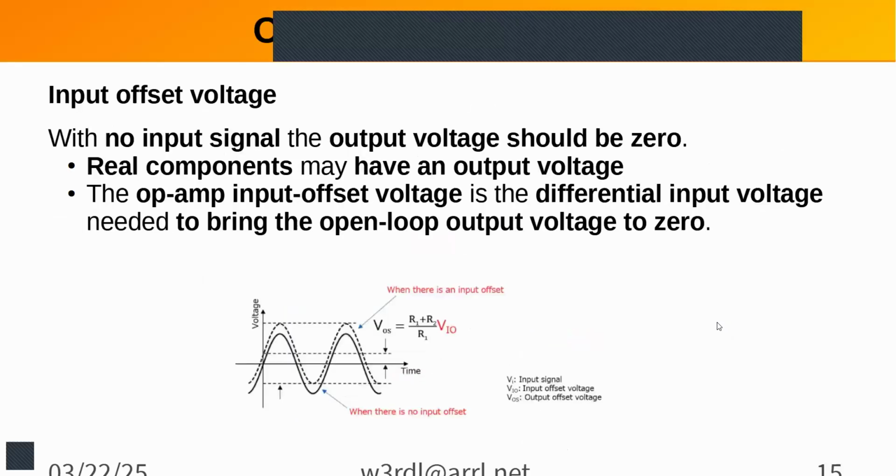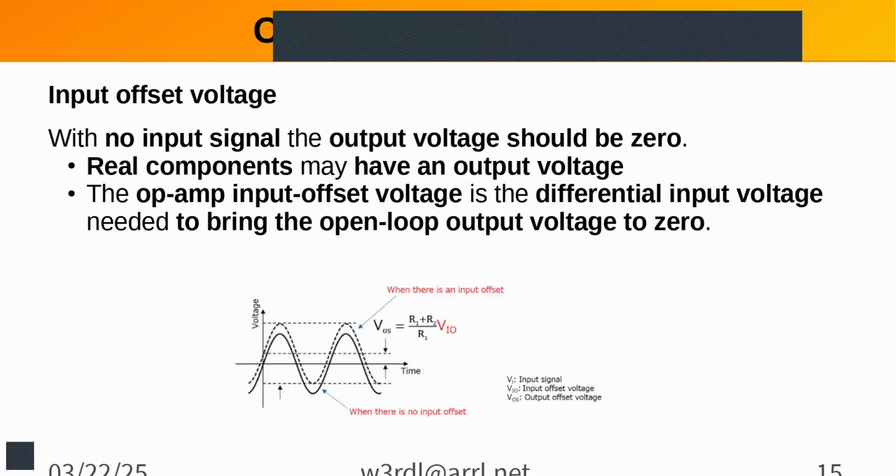All right, we have another issue, input offset voltage. Even though it's a differential amplifier, in the real world those two inputs may not be exactly balanced. So if I have the same signal on both of them, being a differential amplifier, a plus and minus, I should have zero out, but I may not.